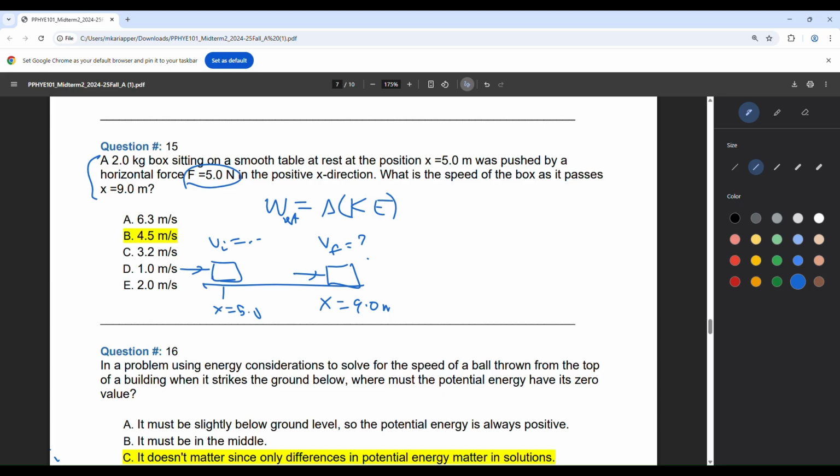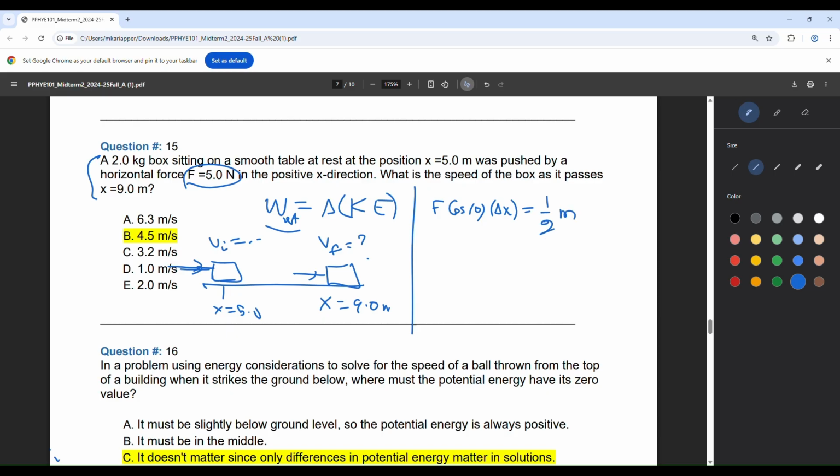The other forces will do zero work. So the work done by that force will be F cosine 0, right? Because we are applying the force horizontally, multiplied by the displacement. The work done by that force is equal to the change in the kinetic energy.